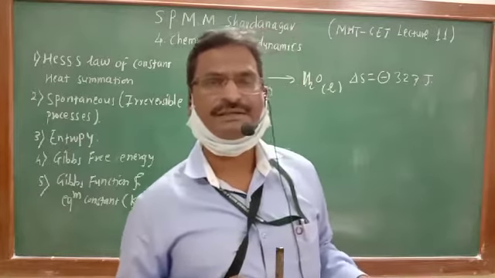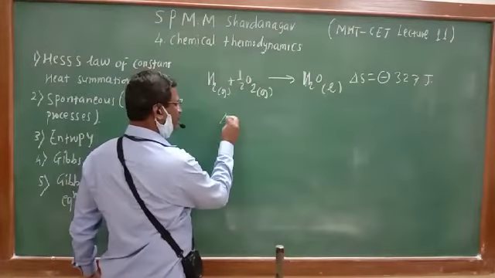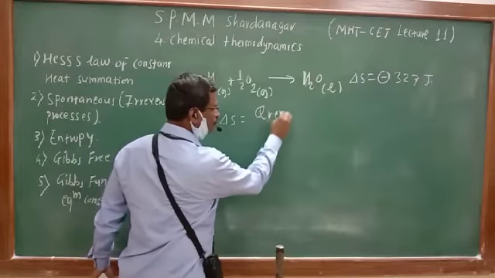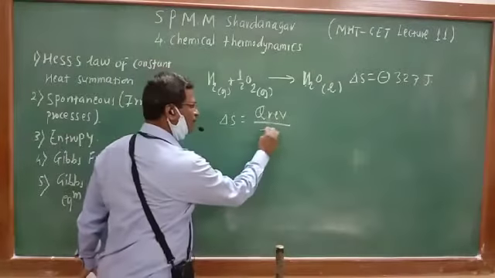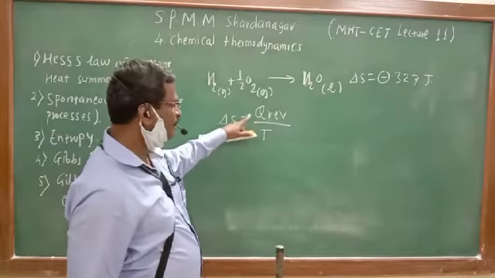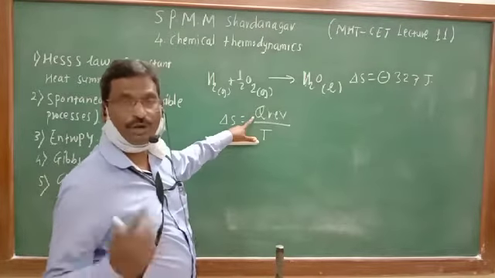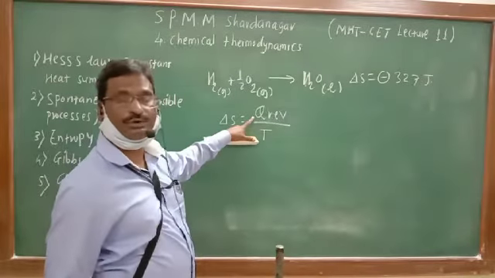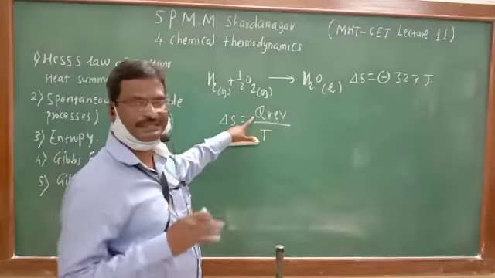But for reactions in which phase transition is not present, entropy delta S is given as Q reversible, the heat absorbed in a reversible manner, divided by the absolute temperature. Here, whenever heat is absorbed by the system, molecular motions increase. Molecules will come into motion. Movement increases.